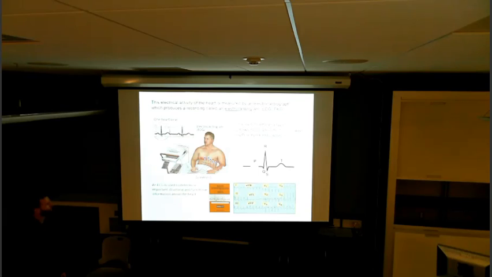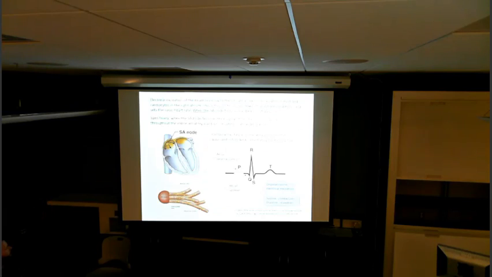All right, I may just go ahead and read through some of this here. Electrical excitation of the heart begins with the sinoatrial node, up there in the right atrium. The SA node is the electrical pacemaker that initiates the heartbeat and sets the basic heart rate. When the SA node fires, a heartbeat is initiated. Specifically, electrical signals from the SA node spread all throughout the atrial myocardium, the heart muscle in the atria.